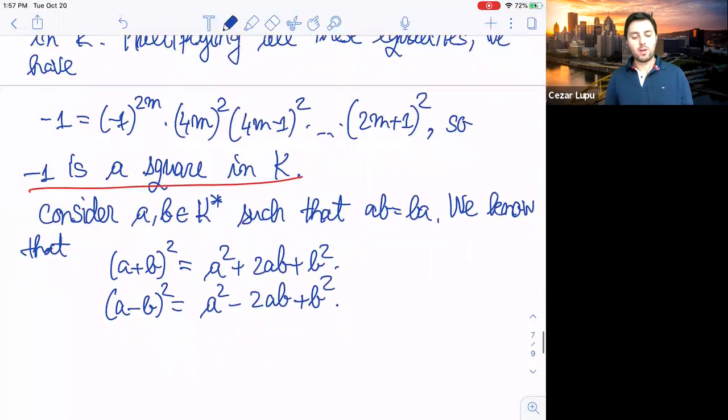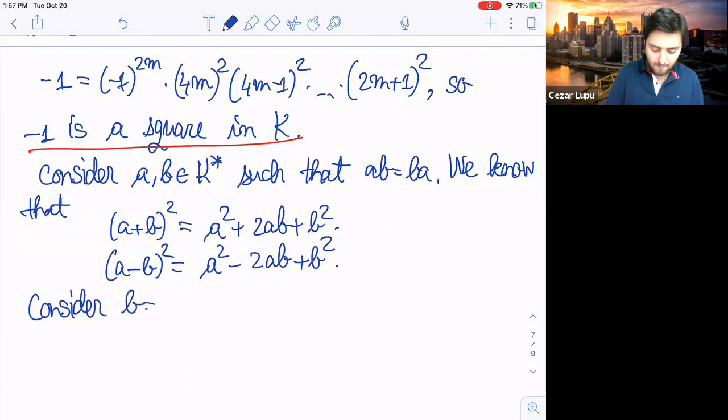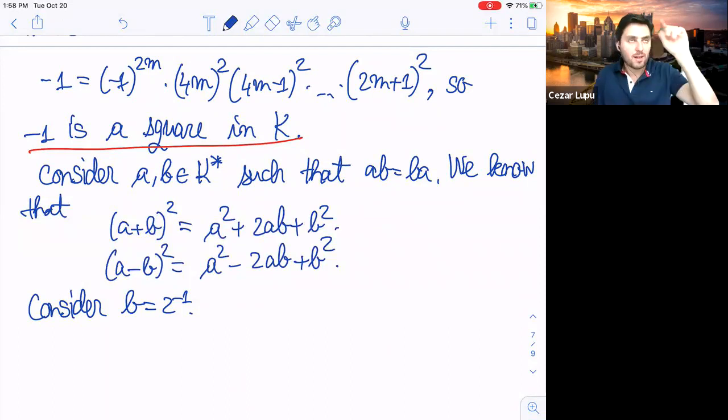And now I'm going to leave this to you. Try to play around with the elements. Consider B to be the inverse of 2. You can write any element as A times 2 to the negative 1 plus A, everything squared, plus B times 2 to the negative 1, everything squared, plus something else.